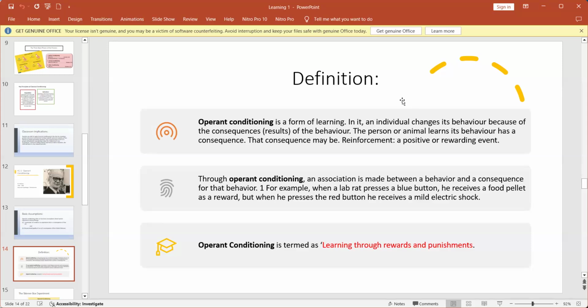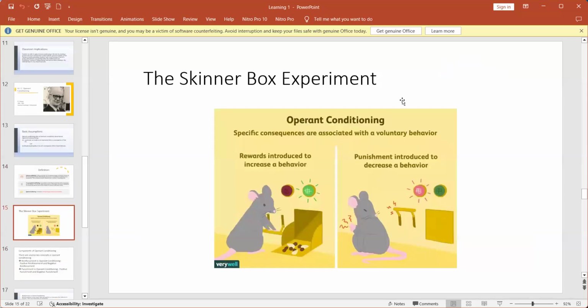So let's see. Now, in classical conditioning, we had the dog story. And to discuss operant conditioning, we have a rat story. Rat story means the experiment done using rats by B.F. Skinner. We will first look at the rat story and then talk about the elements of operant conditioning.